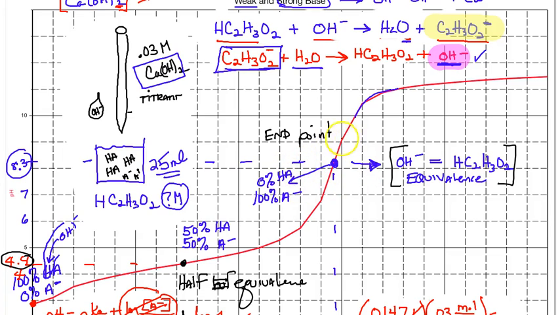So the end point is probably in this region for phenolphthalein, using the pKa of phenolphthalein to be, I don't know, 9.3 or so. So that's where the end point was. And we always talk about the end point is the color change that occurs that tells us that we're about at the equivalence point. They're not the same. Very important.